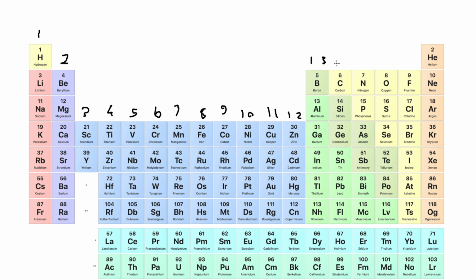Black is kind of a boring color. 14, 15, 16, 17, and 18. So that means there are 18 groups of the periodic table.